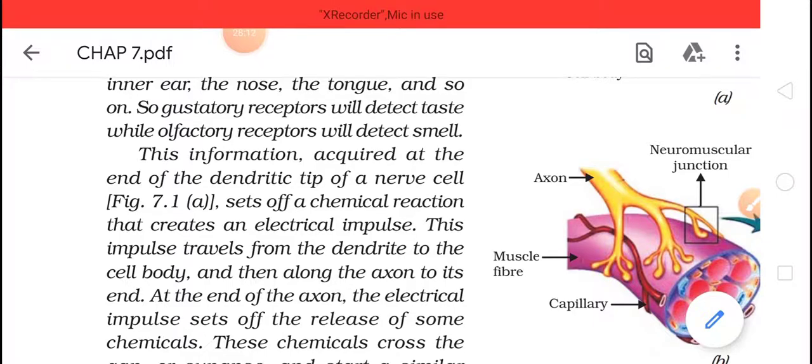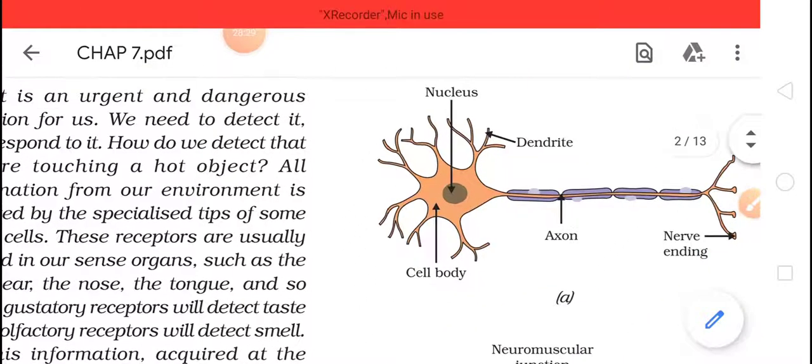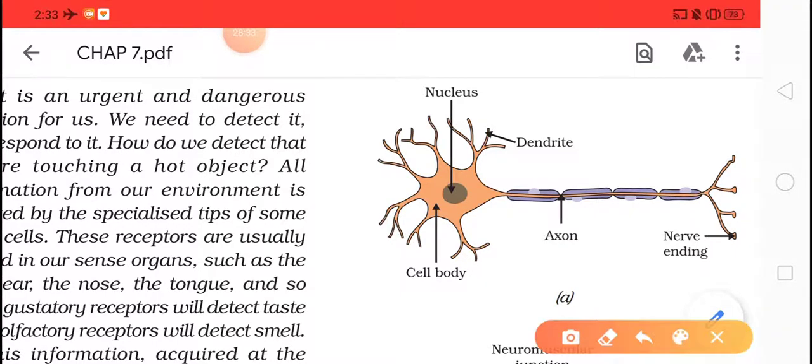This impulse travels from the dendrite to the cell body and then along the axon to the end. So from where is it moving? You have seen it is moving from dendrite to cell body to axon and to the terminal. Like this it is moving.